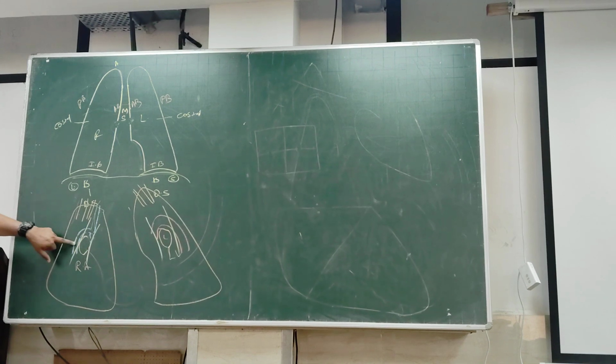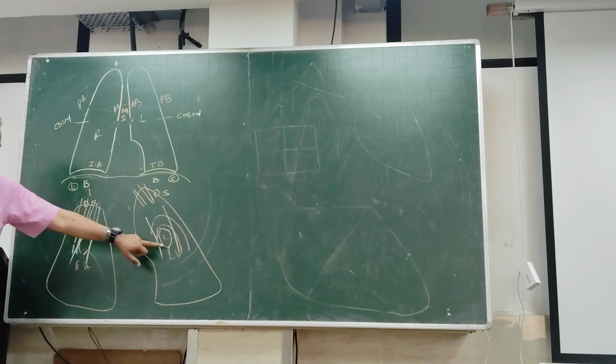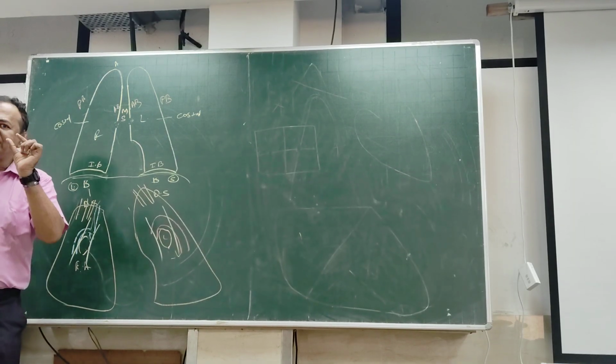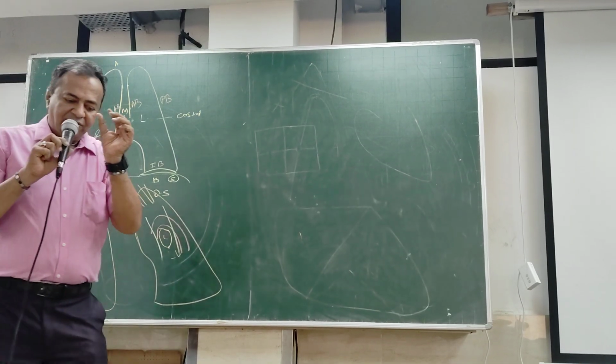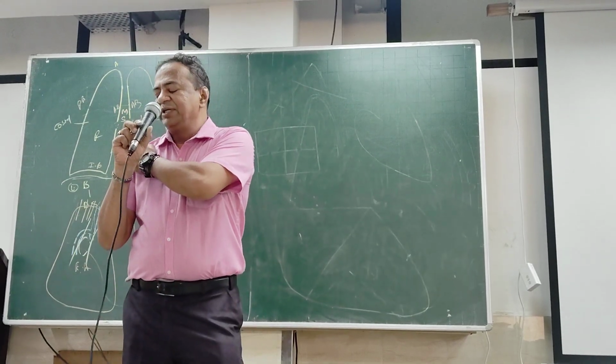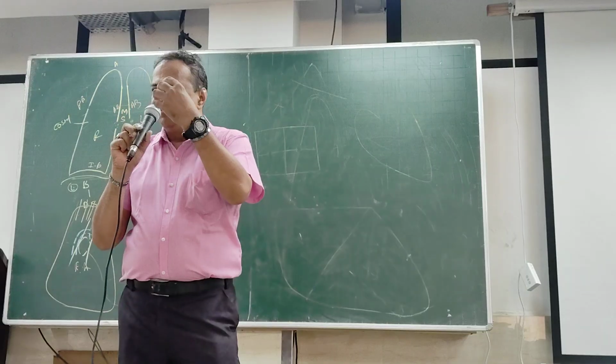Anteriorly, what is the relation on both sides? Phrenic nerve. Posteriorly, vagus. Inferiorly, there is a structure called the pulmonary ligament, which is a potential space at the site of union of parietal and visceral pleura.